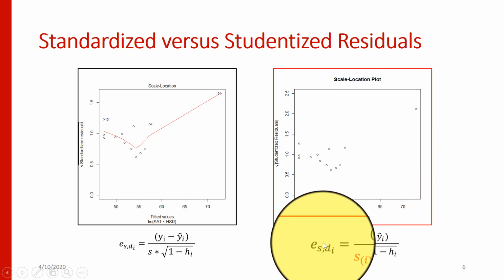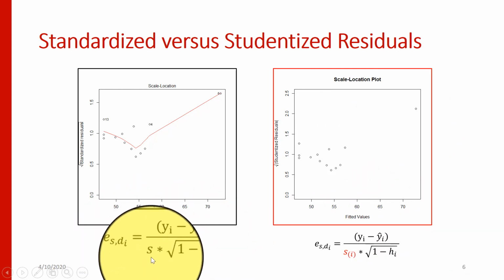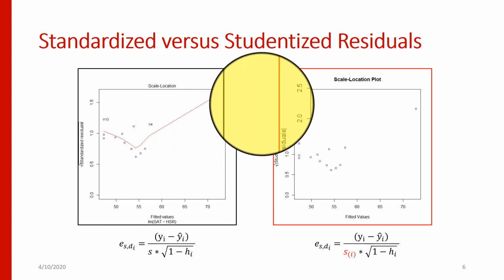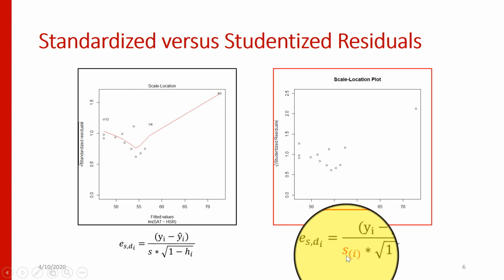And again, the reason for this, if we look at their formulas in these terms, is because the calculation of the standard deviation here is the calculation across all residuals. So it includes all the residuals in there, even the one outlying residual. Whereas here, we actually calculate a unique standard deviation at each point, which is the standard deviation of all the residuals except the current one.